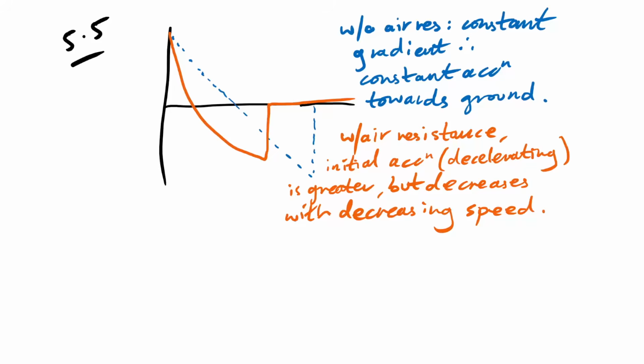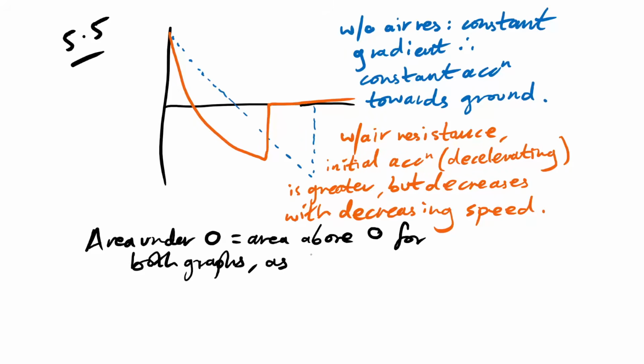We know that the area under both graphs is equal. We can say the area under 0 equals the area above 0 for both graphs, as distance travelled upward equals distance travelled downward.